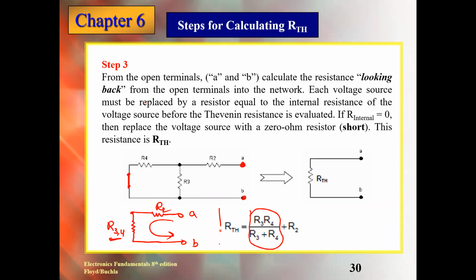Yes. So the total RTH will be R3 R4 upon R3 plus R4, plus R2. This way we calculate the RTH, the total resistance between points A and B. So this way we calculated VTH and we calculated RTH.